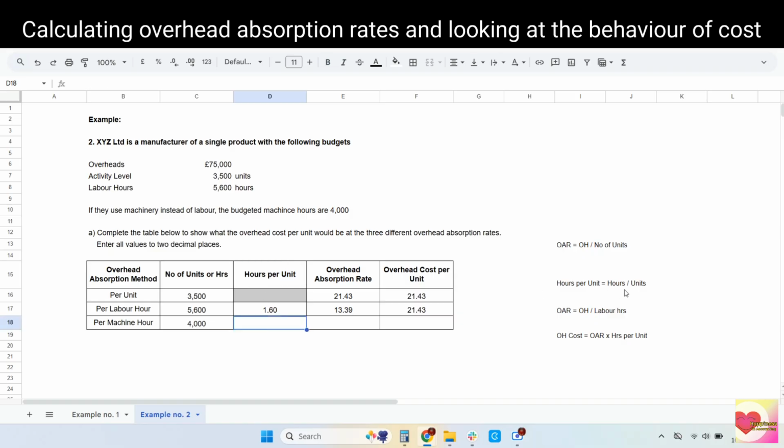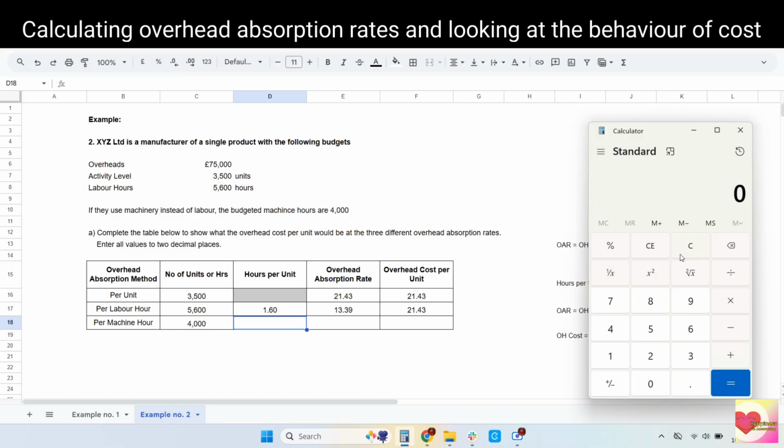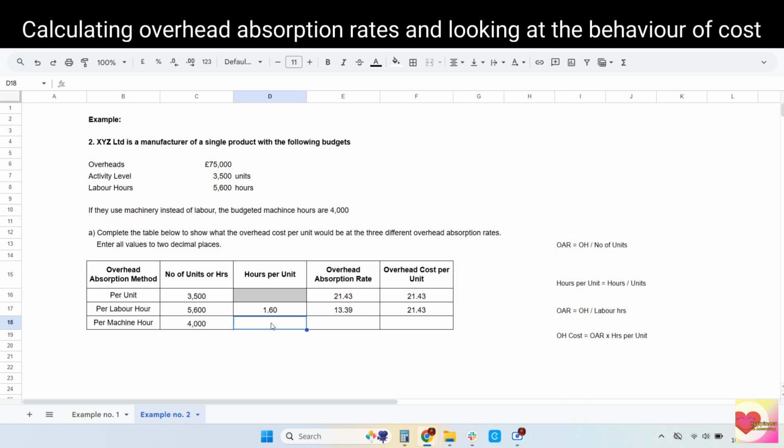First is the hours per unit column. So this is the hours per unit or hours divided by units. So the number of hours, which is 4,000, let's divide it by the number of units, which is 3,500. Then let's round it off to 2 decimal places, and we got 1.14. So this is our hours per unit.